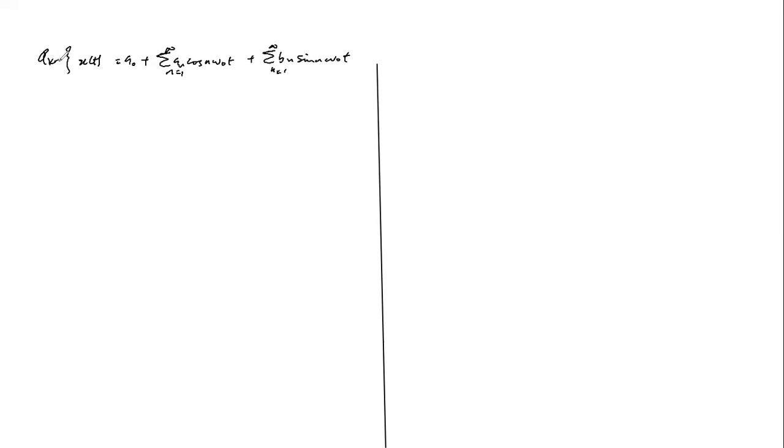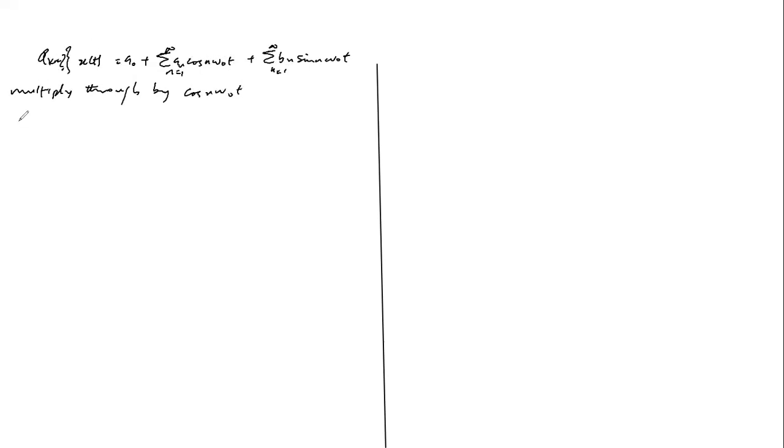So to estimate a_n, let's multiply through by cos n omega naught t.